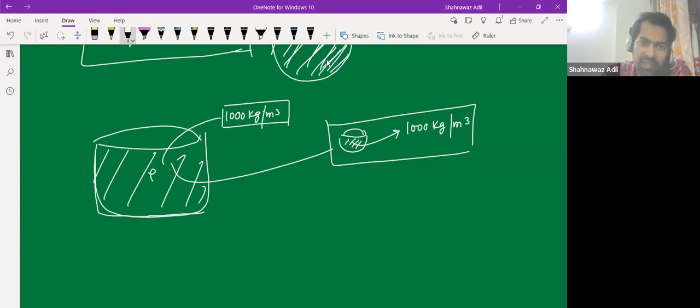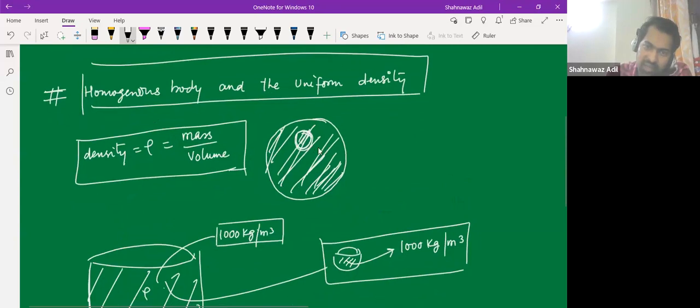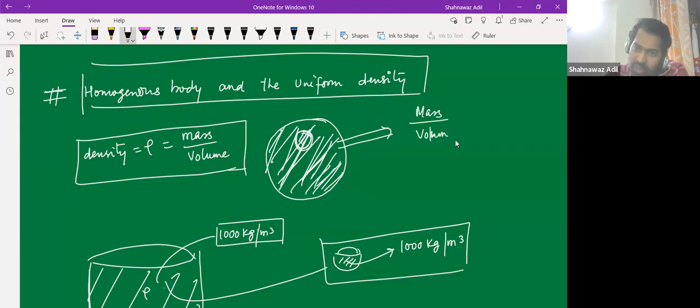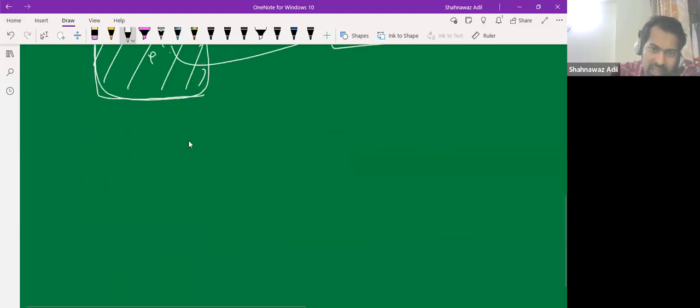Similarly, let's say this sphere is of uniform density. So that would be whatever mass I take divided by the total volume of that, right? So that would be mass by volume. Okay, so let's say that I calculate the volume of this.